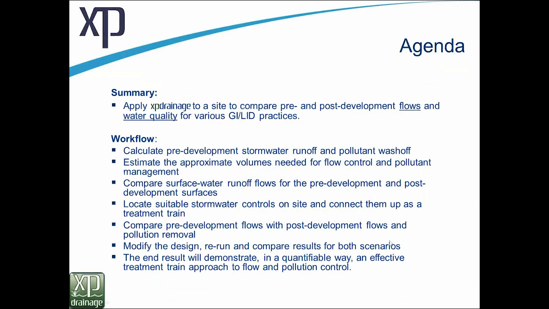We want to be able to then do comparisons. If a series of stormwater controls are strung together, perhaps a green roof drains to a grass swale, drains to a bioretention swale, then before it leaves the site, is that enough to treat water quality?